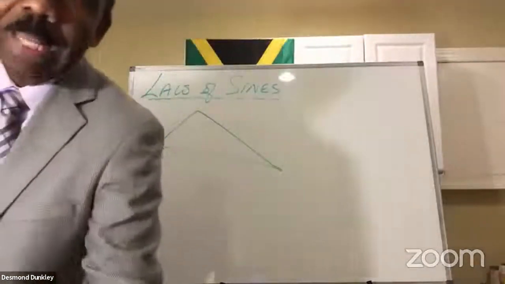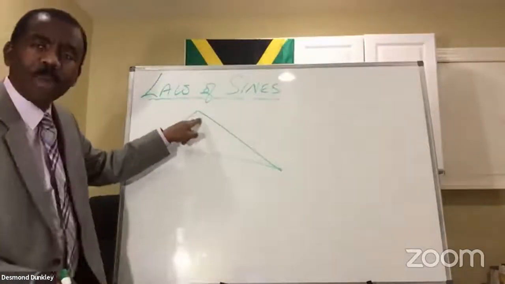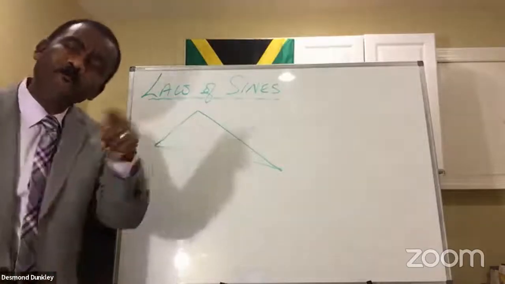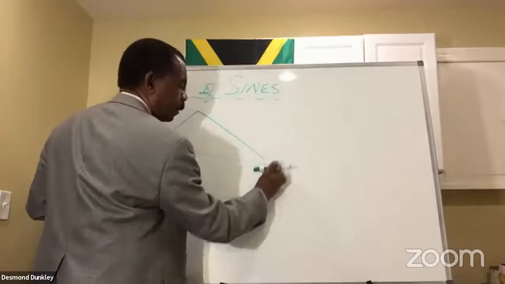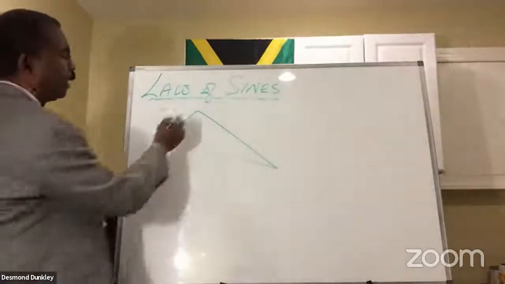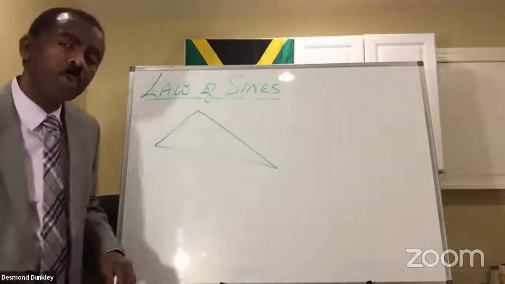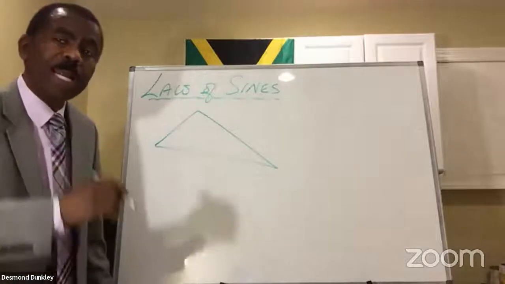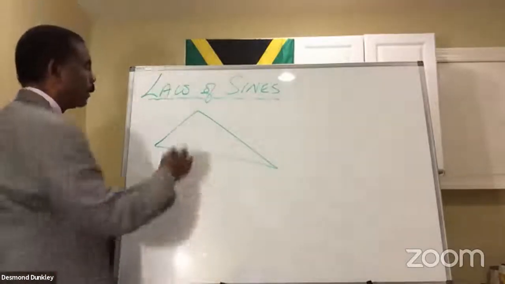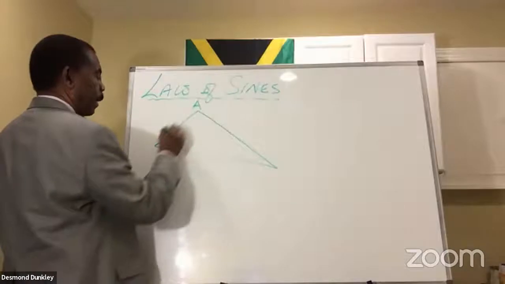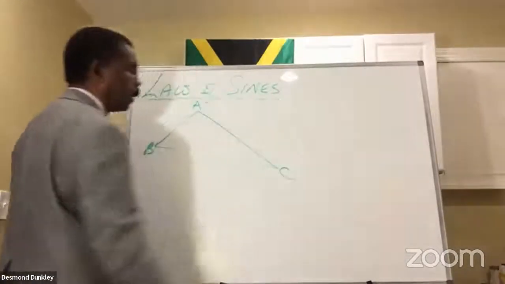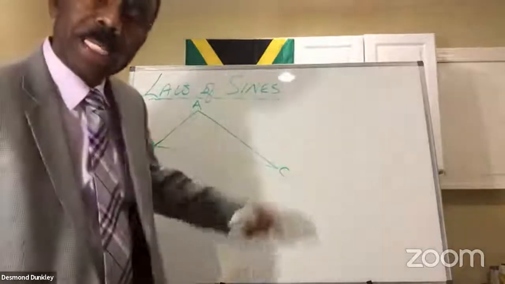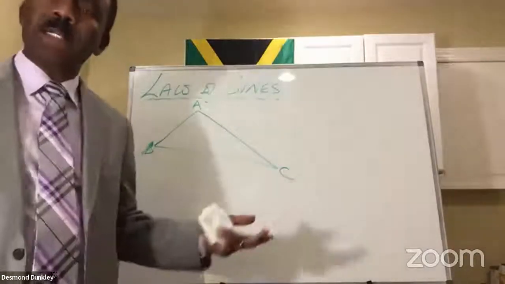By the way, even if it looks like a right triangle, if you're not told it's a right triangle, never assume it is. Unless you see the square symbol or you're told it's 90 degrees or you're told it's a right triangle, don't make any assumption. Let's call this A, B, and C. Again, the letters, the labels, are symbols.